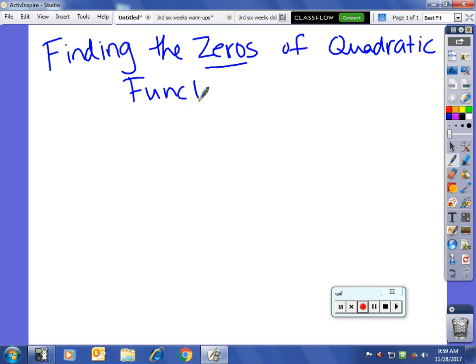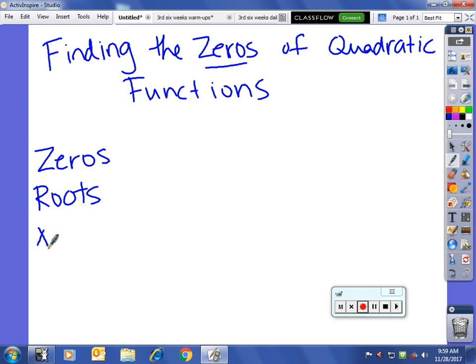So let's get some vocabulary out of the way for a second. First of all, zeros have lots of different names. They're called zeros, they're called roots, and they're also called x-intercepts. All of those are used interchangeably. So if you're asked to find the roots, that means find the zeros.